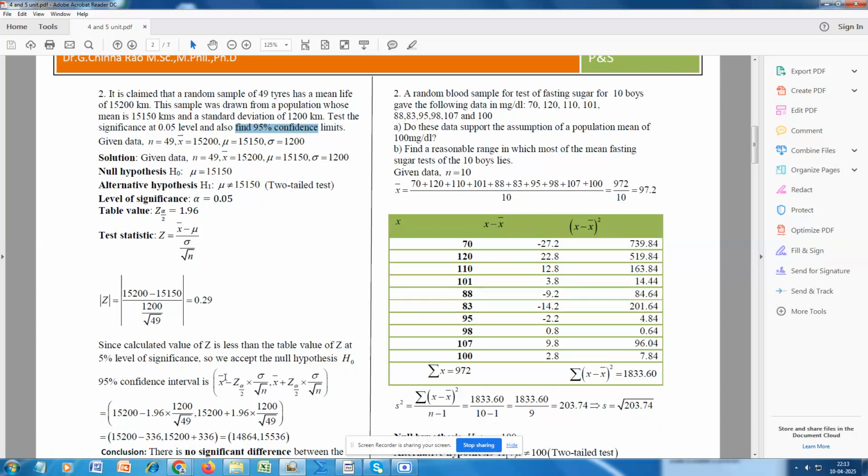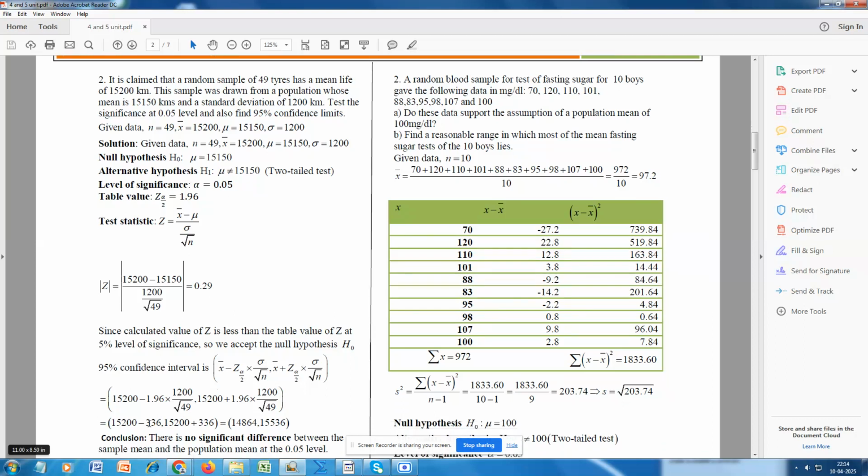Here we know the sample mean, 15,200. Put here minus z alpha by 2 is 1.96 into sigma is 1200 by root 49, comma 15,200 plus 1.96 into 1200 by root 49.